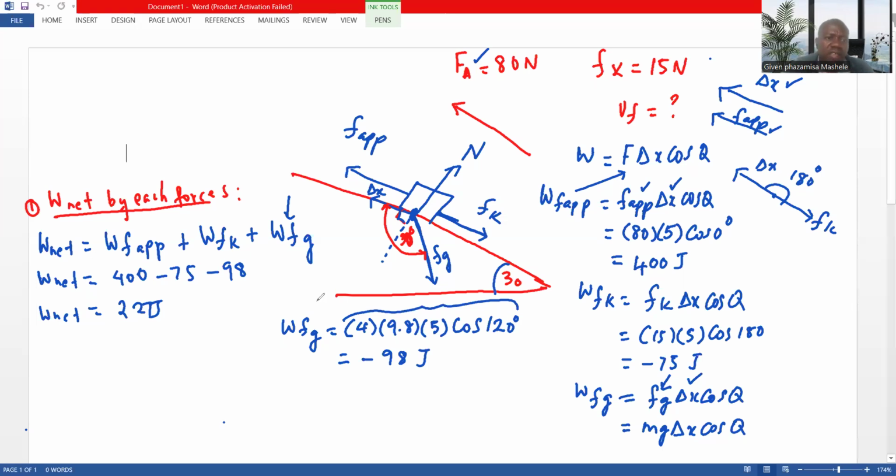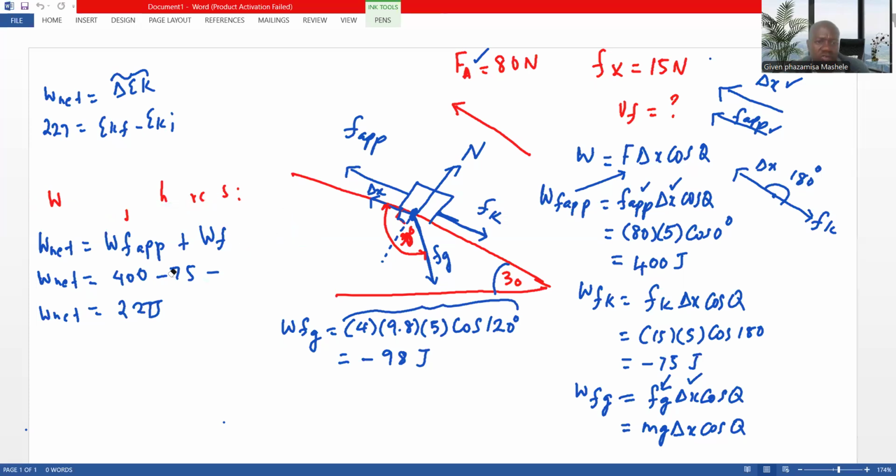Now we can say the work net is the change in kinetic energy. We know the work net is 227. And what is the change in kinetic energy? It's kinetic energy final minus kinetic energy initial. So I can now erase this so that we have more space to solve our equation.